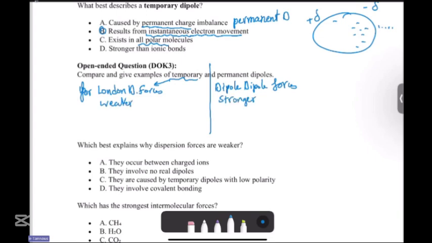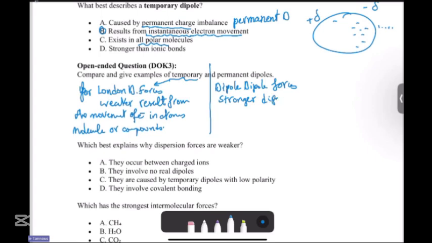The temporary ones are weaker and result from the instantaneous movement of electrons in atoms, molecules, or compounds. Whereas the permanent dipoles are stronger dipoles resulting from the unequal sharing of electrons between atoms.